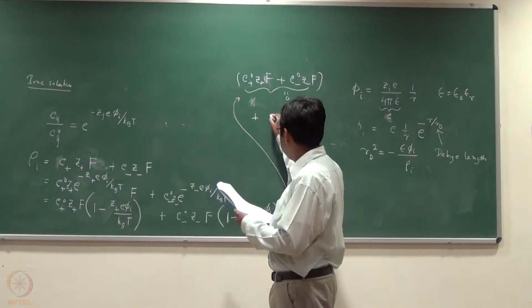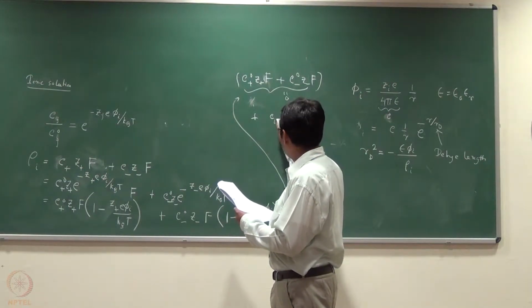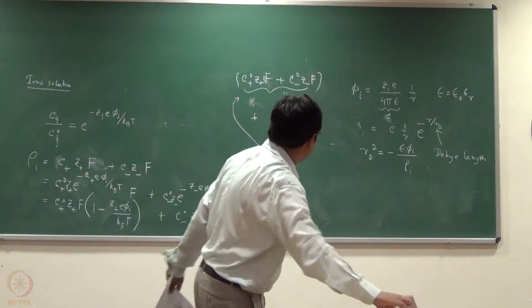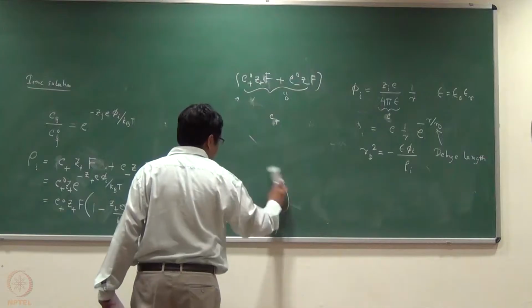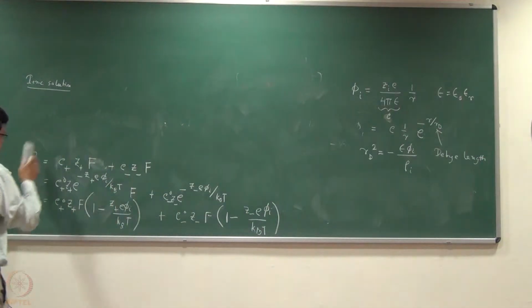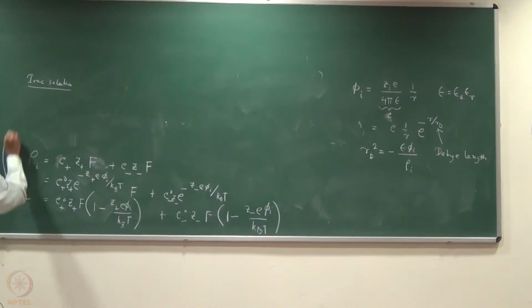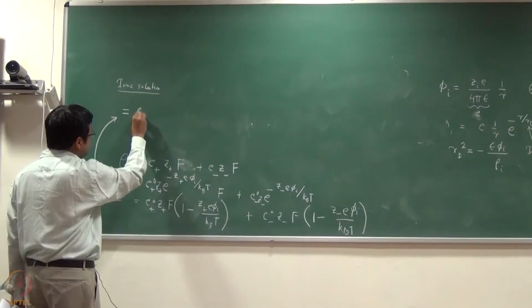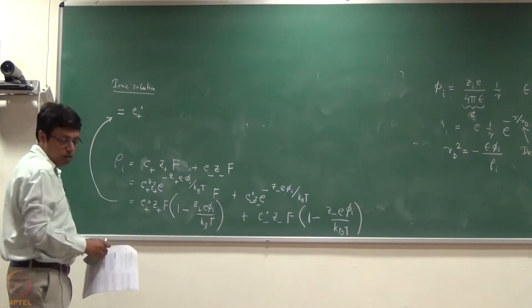So I'll have here c i, or let me just write it as a plus. The first term got cancelled. Then I'll have c plus 0.